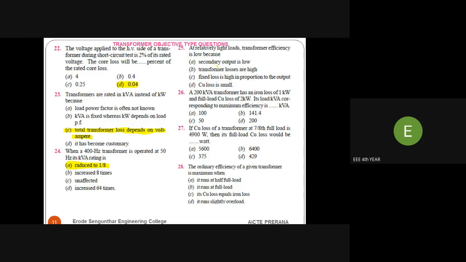Question number 25. At relatively light loads, the transformer efficiency is low because secondary output is low, transformer losses are high, fixed losses are high in proportion to the output, copper losses are small.